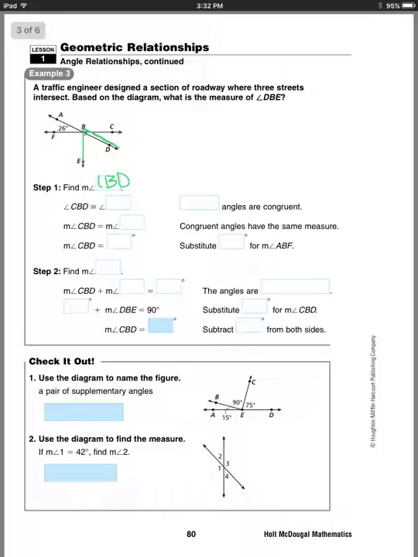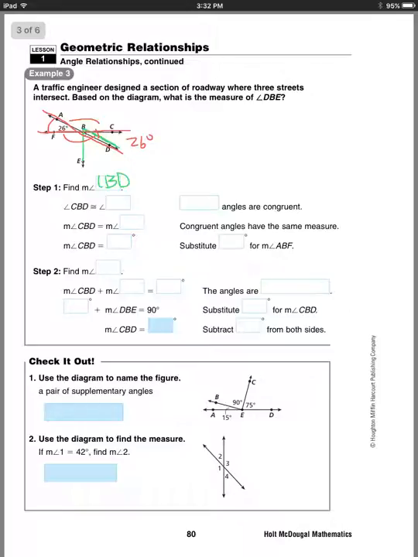so how we do that is we see if there are intersecting lines that create vertical angles, and there are. We have this line here and this line here. Those are intersecting lines. They create vertical angles. Okay? So because of that, we know that if angle ABF is 26, that CBD also has to be 26 degrees.